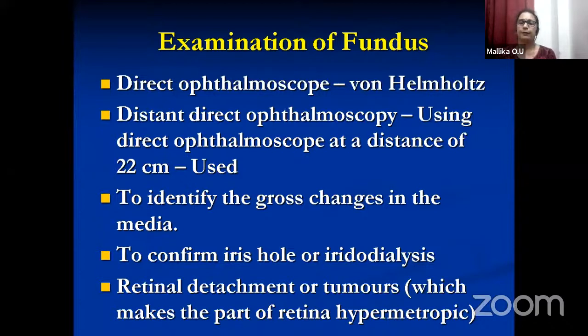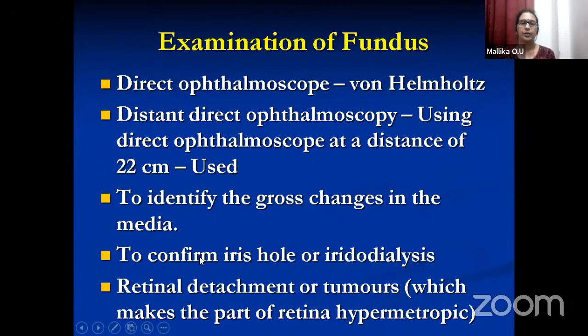When you shine this light, if you see some black areas in the pupillary area of the red reflex, that means there may be some opacities in the media, either in the aqueous humor, the lens or the vitreous humor. That may be a lenticular opacity, a vitreous hemorrhage, or in some cases part of uveitis. So that is to identify the gross changes in the media.